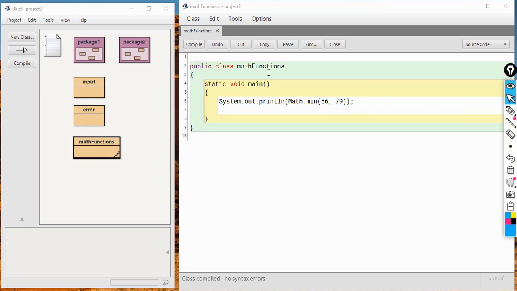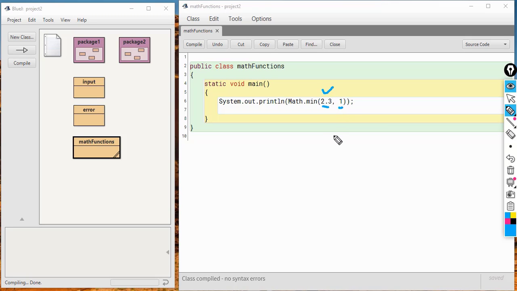What if one number is a decimal and the other one is an integer? In this case, the return value will be of the same type as that of the larger type between the two arguments. Between 2.3 and 1, which one is larger?